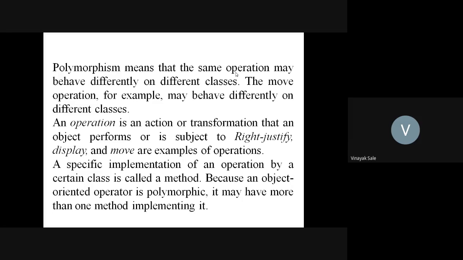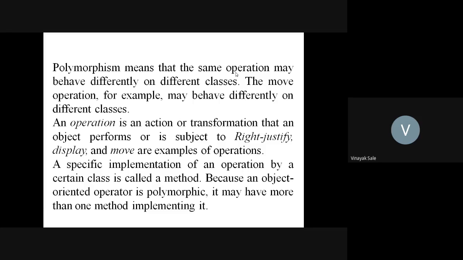Next is polymorphism. Polymorphism is a Greek word. Poly means many, morphism means form. One name, different forms. That is, the same operation may behave differently on different classes. The move operation, for example, may behave differently on different classes.